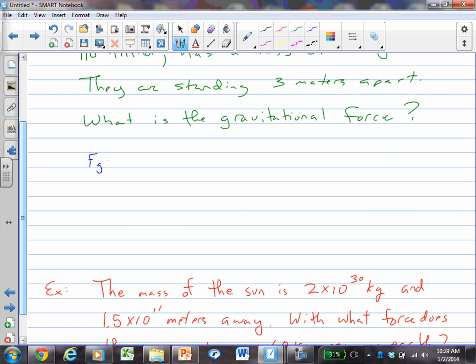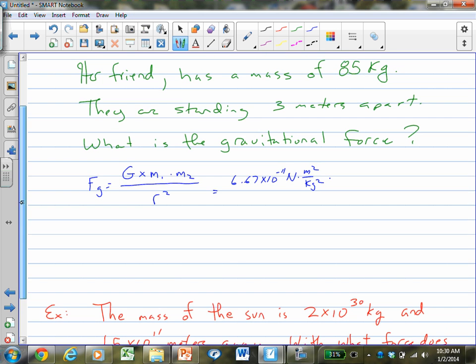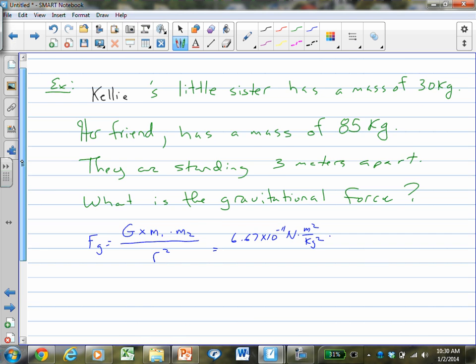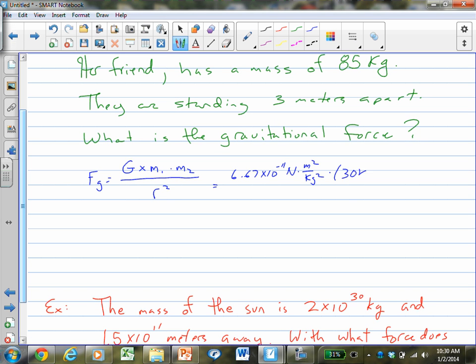Fg is big G times m1 times m2 over the distance they are apart squared. Big G is 6.67 times 10 to the minus 11 newtons times meters squared over kilograms squared, times the mass of Kelly's sister, which was 30 kilograms, times the mass of her friend, which is 85 kilograms, over the distance they are apart squared, 3 meters squared.